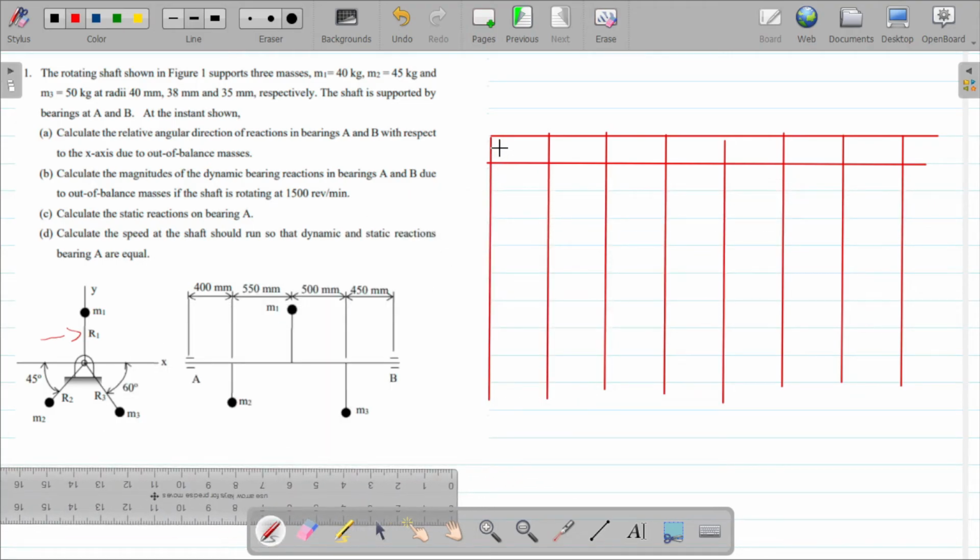So we have, let's say, positions here. Let me use the black pen. You have the masses, you have the radius of rotation. This one is in kilogram, this one in meter, and then mr, you have kilogram meter. Then the L is in meter, then mRL and theta. This one will be kilogram meter squared. So the sum of force in the x direction is sigma mi ri omega squared cos theta i.